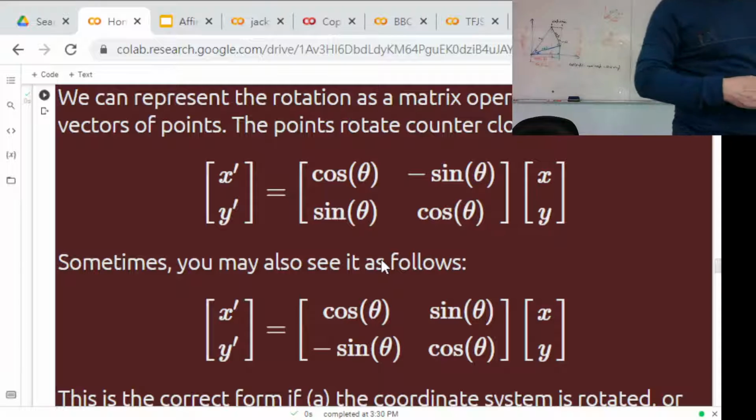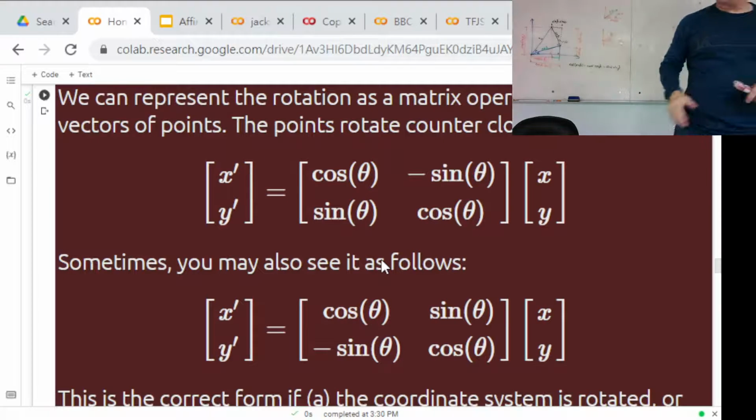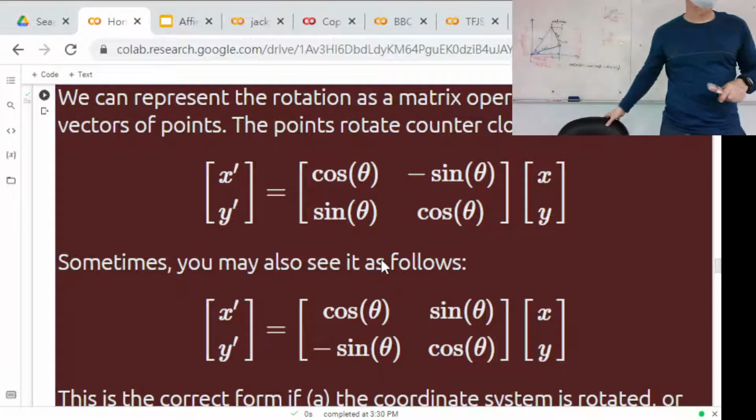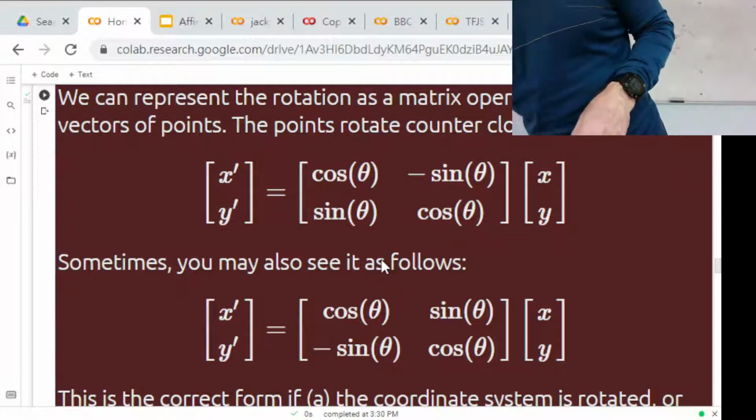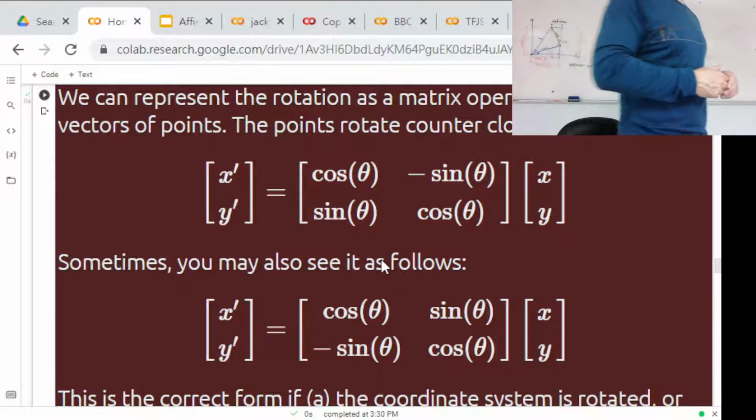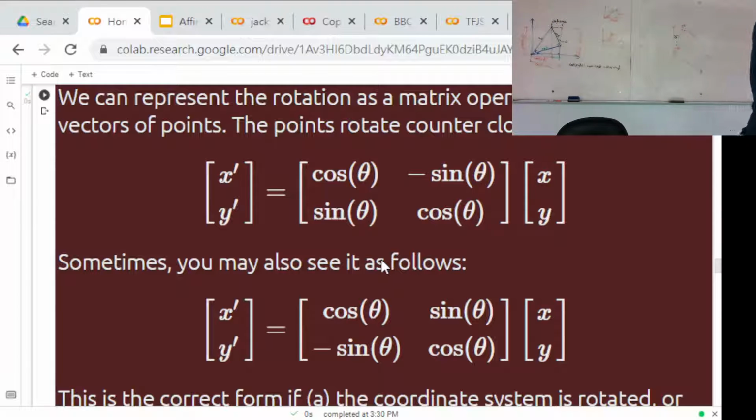So you just have to be careful to make sure that you apply the correct rotation matrix. That you know whether your points move or whether your coordinate system moves. Because one time theta will be positive, the other time theta will be negative.